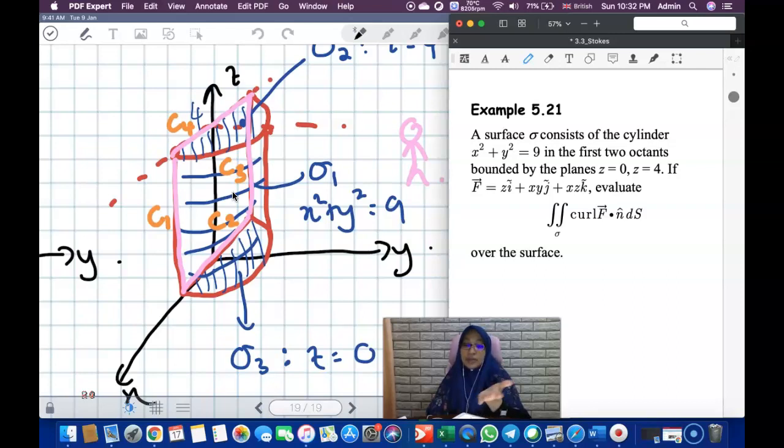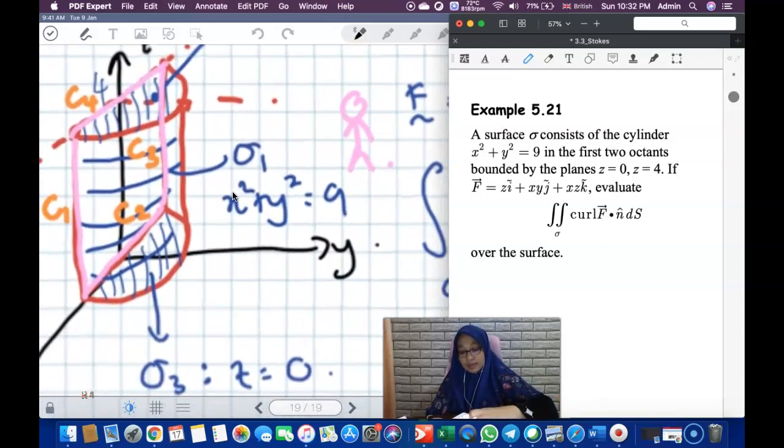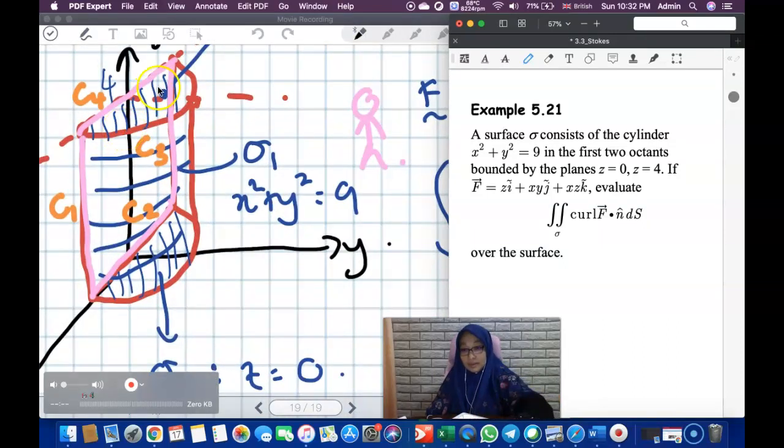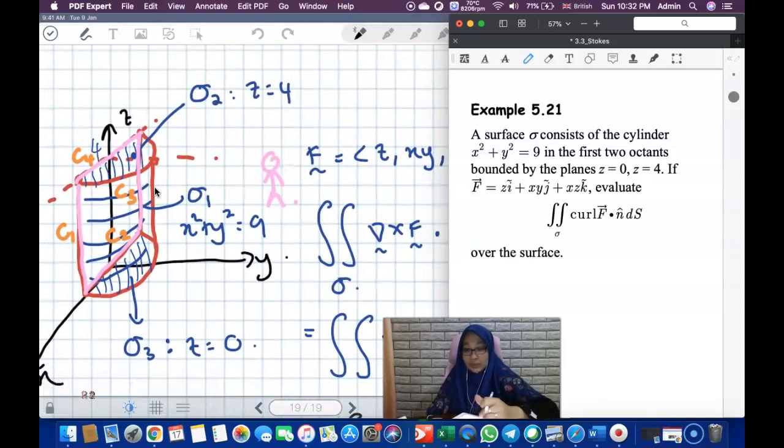Your surface is part of the cylinder, which is sigma 1. So when n points outward to the cylinder, your direction should be in this direction. So this is your n.